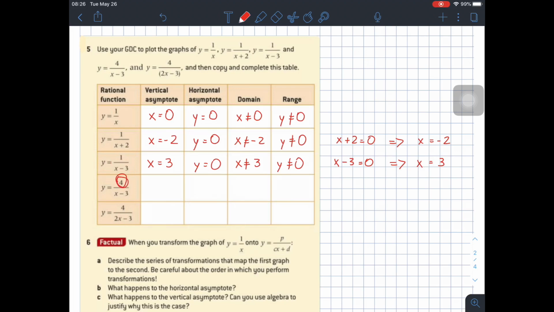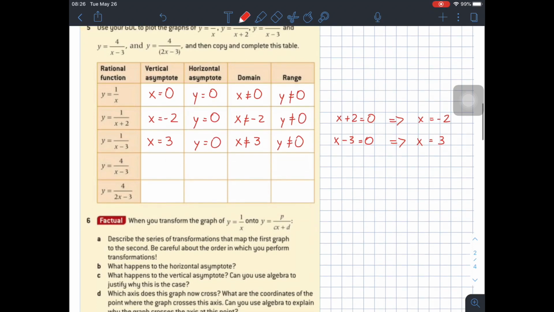But as we saw in the graph, the 4 is only causing a vertical stretch, right? It is not changing the position of the function, it is just changing its shape. So the vertical and horizontal asymptotes are exactly the same as the previous example. So this is x equals 3, y equals 0, x different from 3, and y different from 0.